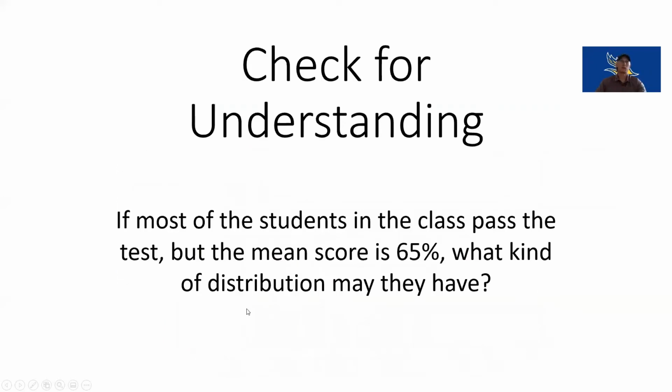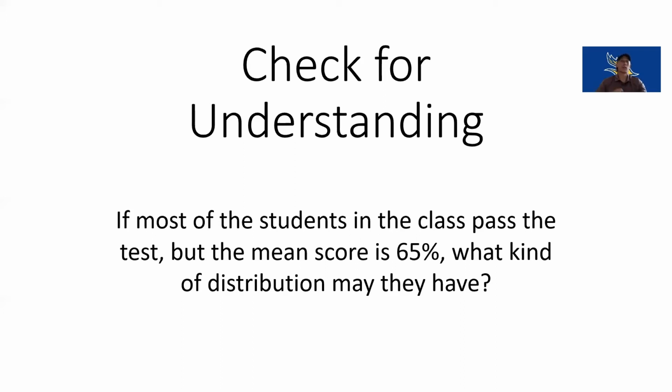So here's a check for understanding. You can think through this one a little bit. If most students in the class pass a test, a pass as in above 60%, so most, the mode, most students pass the test, but the mean score of the exams was 65, which is not passing.